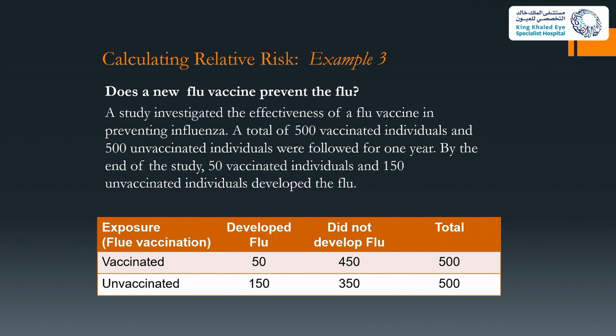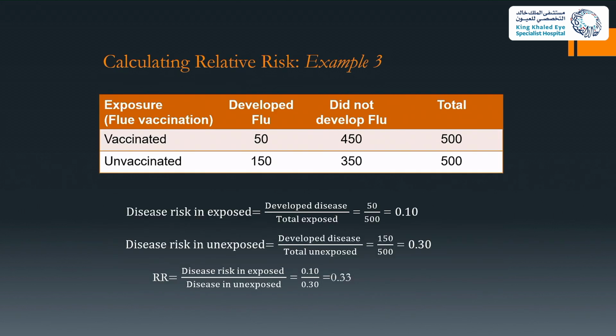This is the third example, from a flu vaccine trial. A study investigated the effectiveness of flu vaccine in preventing influenza. A total of 500 vaccinated individuals and 500 unvaccinated individuals were followed for 1 year. By the end of the study, 50 vaccinated individuals and 150 unvaccinated individuals developed the flu. So let's calculate the relative risk.